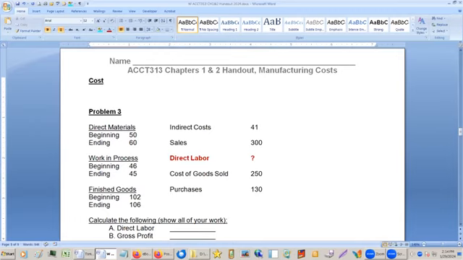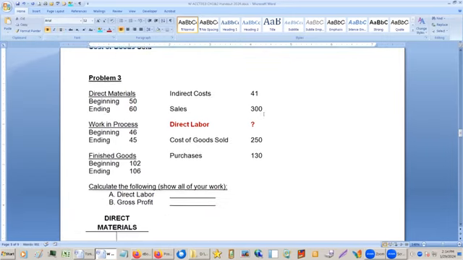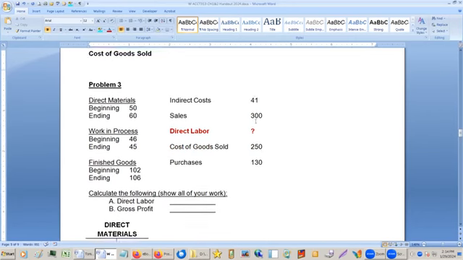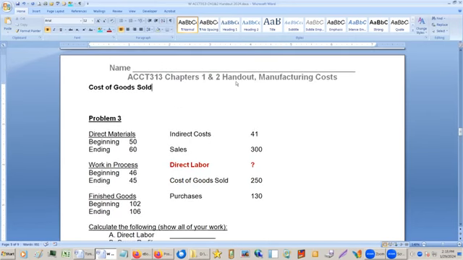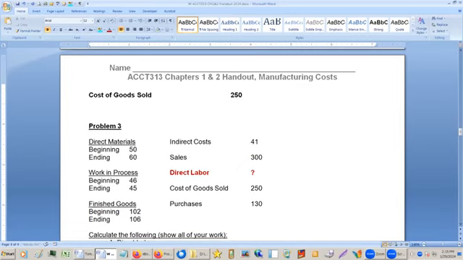We have our cost of goods sold. This is the number they have to give you if I have some kind of a starting point. And they tell us the cost of goods sold is $250. So here's what I'm going to do.